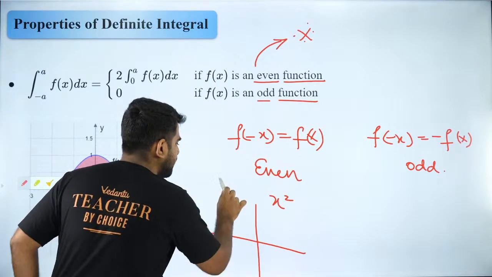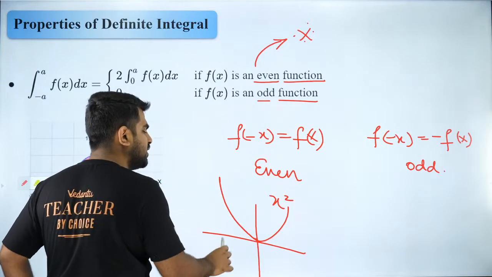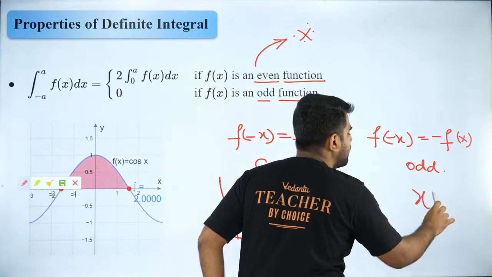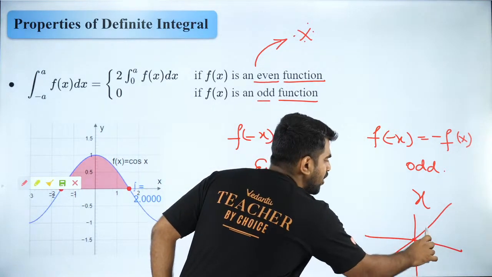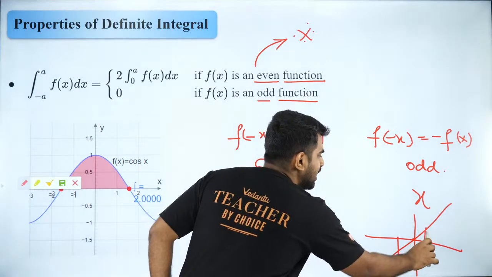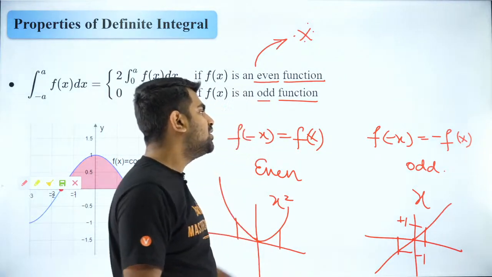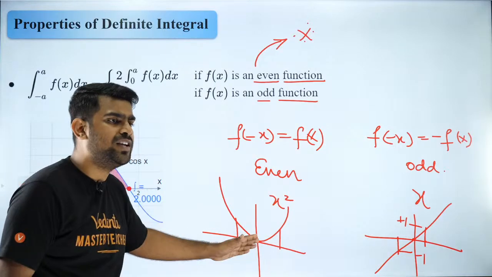Why? Because if I look at x square, to the left side of origin and to the right side of origin, I take the same value. But if you look at an odd function, let's say y equal to x, on the right side of origin and left side of origin, here if I take plus 1, here I will take minus 1. So this is how an odd function will look like, and this is how an even function will look like.